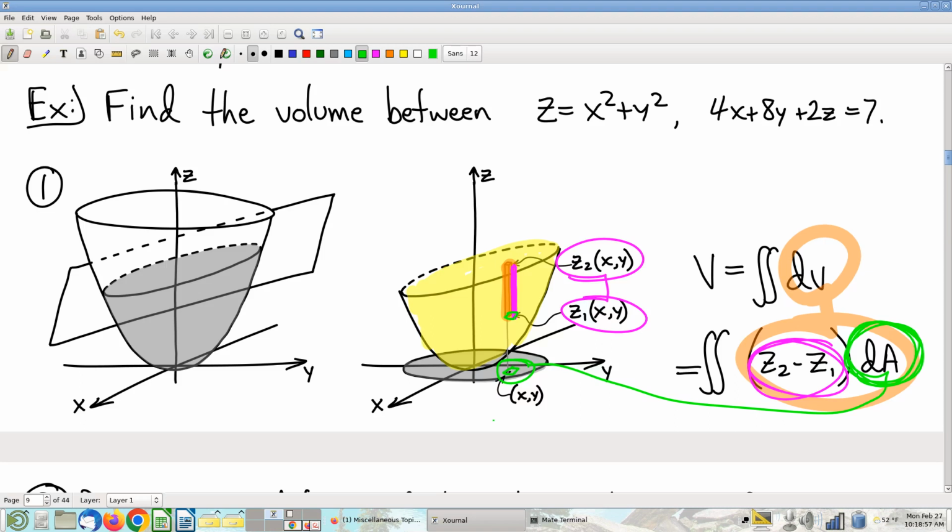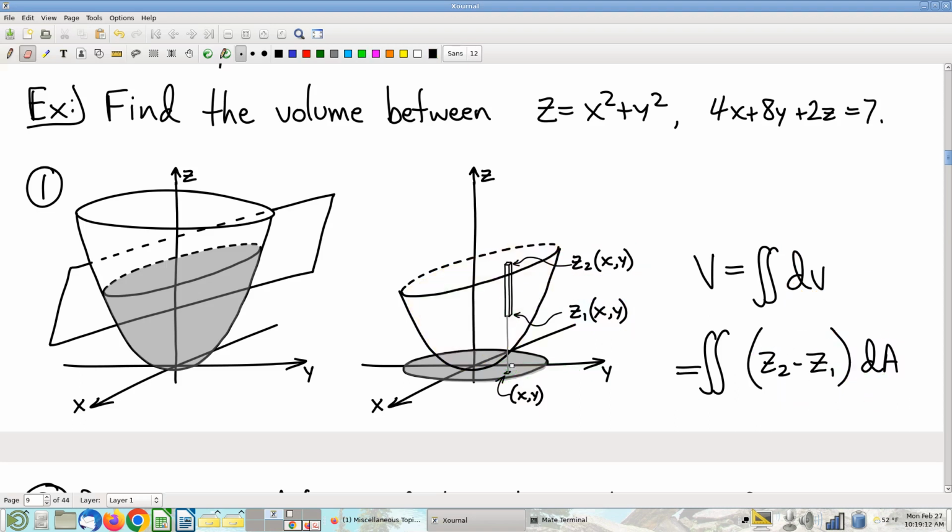But what's the domain for this integral? This is a double integral. I'm eventually going to have to identify the domain as I try to turn it into an iterated integral. So what's the domain? Case can be made, I think this is pretty clear, that this edge here of our domain, you can see what our domain is in the picture, at least geometrically.